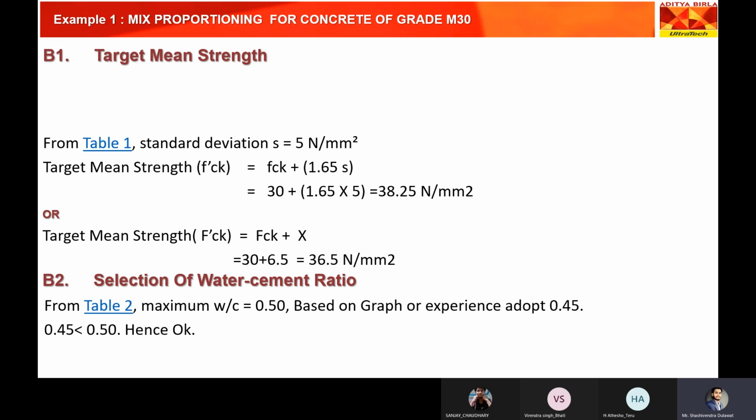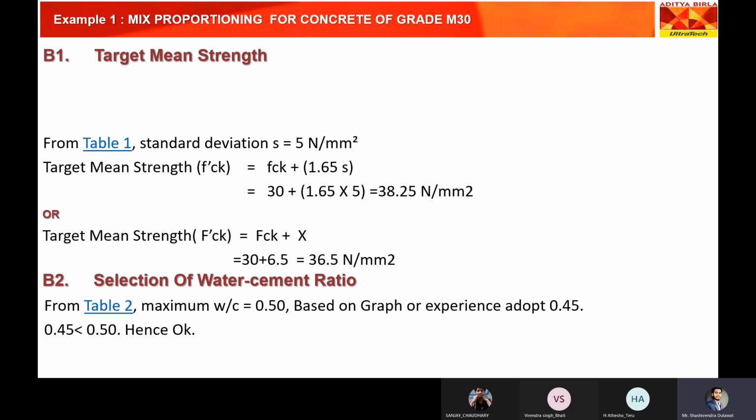We have all data. So now first of all we will calculate the target mean strength. In the previous lecture I already told you the formula: f'ck is equal to fck plus 1.65 s. This is the formula of target mean strength. So fck is 30 and 1.65 into s, where s is the standard deviation.